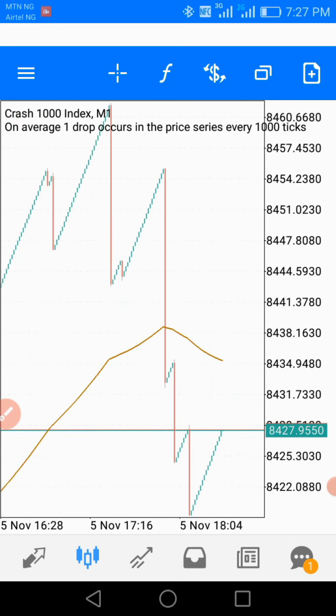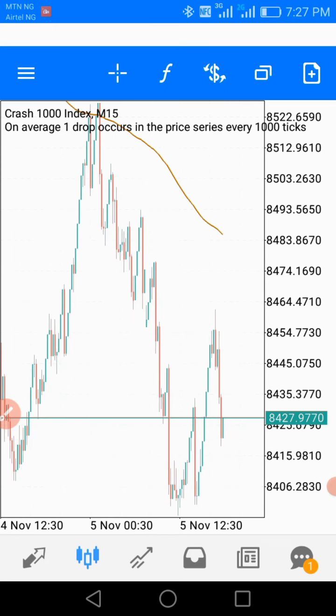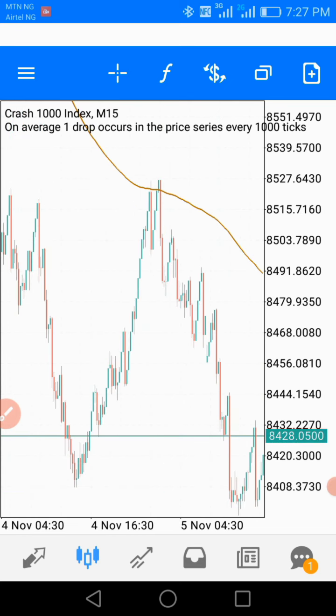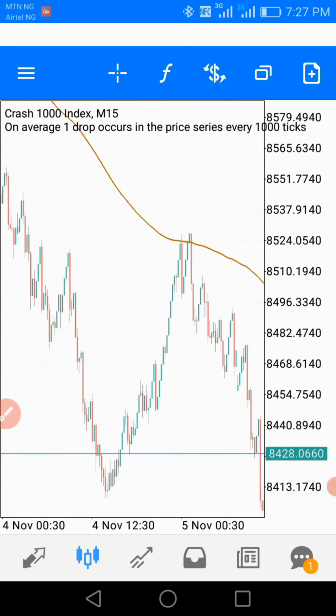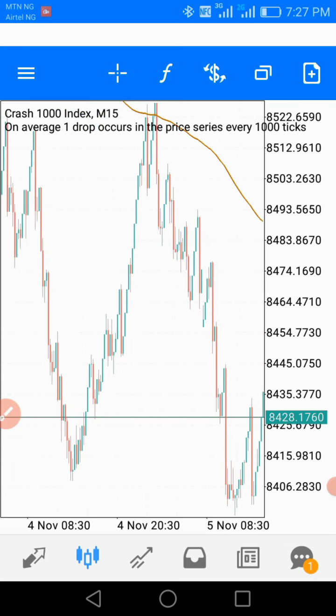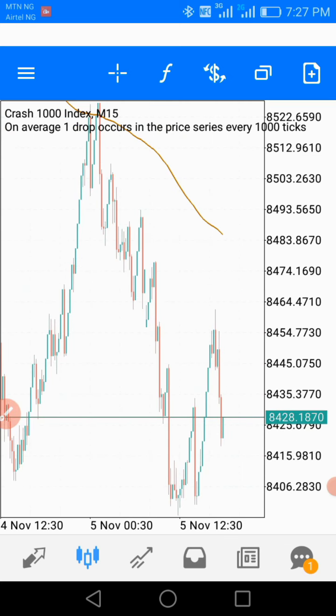Now ideally or generally it is believed that whenever the market is below this moving average, the market tends to be bearish. You have a very long move down, but whenever it's above it, the market tends to be bullish. There's a very impulsive movement upwards.